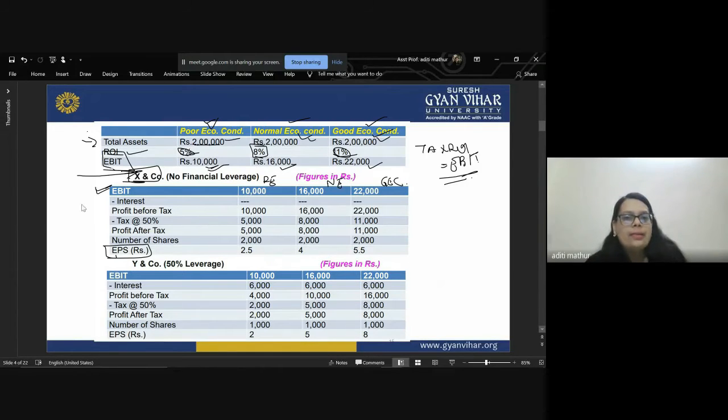So first, we will write the EBIT amount, which we have calculated from this side, that is 10,000, 16,000, and 22,000. We don't have any interest element, that's why minus interest, it's 0, 0, 0. So our EBIT is 10, 16, and 22. Now we will deduct the tax, that is 50%.